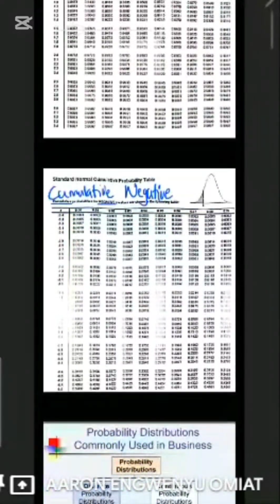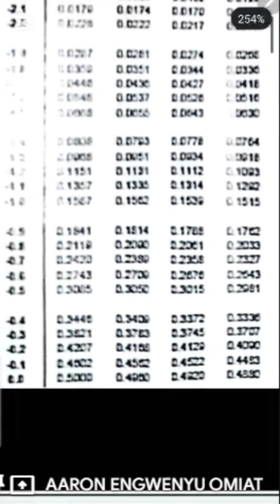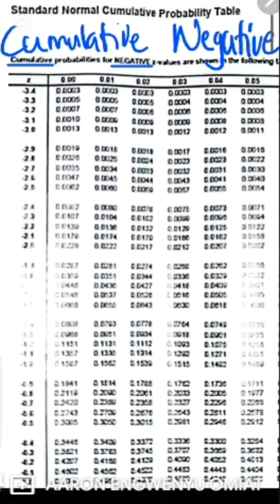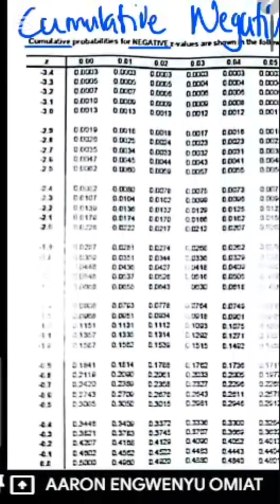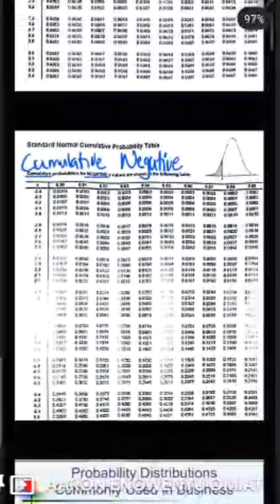So negative 1.375 is approximately equal to negative 1.38. Let me draw a line here so that it's clear.